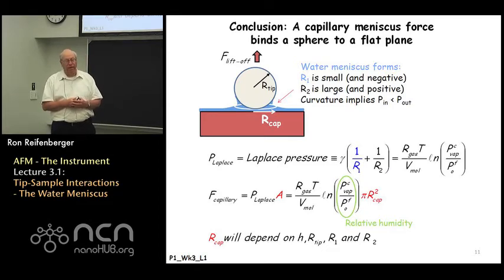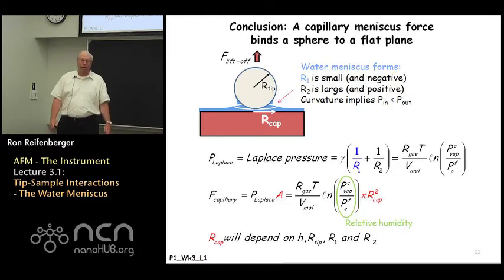That meniscus is going to produce a capillary force which binds the sphere to the flat plane. It binds the tip to the flat plane. It's interesting to estimate how big that capillary force might be, because if you try to lift the tip from the substrate, you're going to have to apply a force great enough to overcome that capillary force.